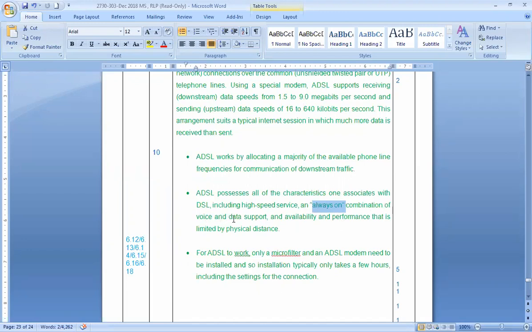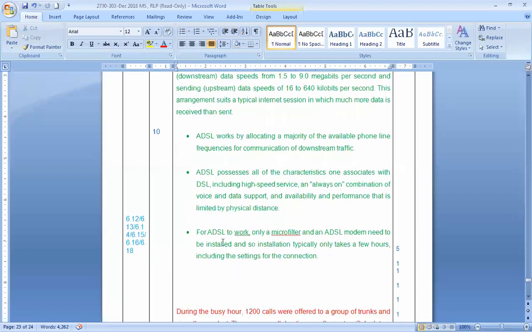So, a combination of voice and data support, and availability and performance that is limited by physical distance. For ADSL to work, only a microfilter and an ADSL modem need to be installed. So installation was very easy.